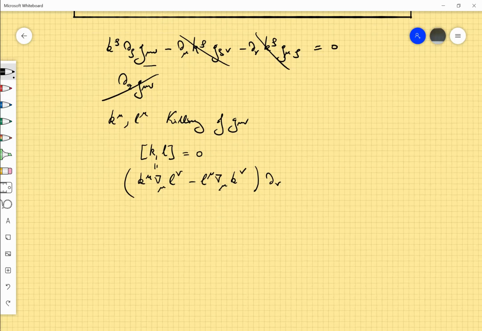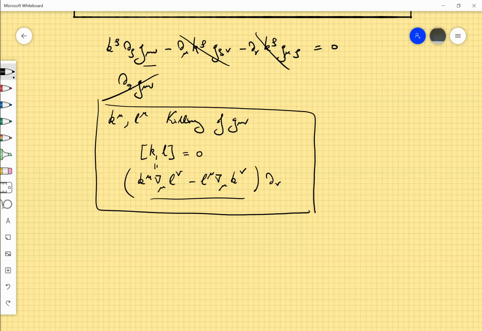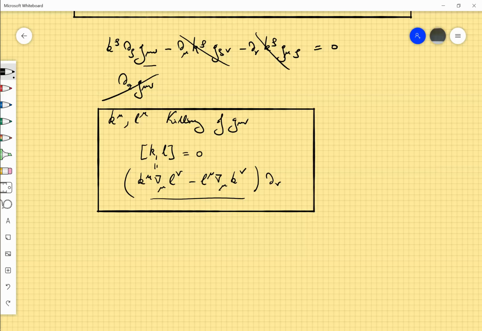This is important because if this was not a vector, this would be a coordinate dependent statement, and it may be true in some coordinates but not in other coordinates. So this is really a coordinate independent statement. This is the necessary and sufficient condition for having two coordinates adapted simultaneously to the Killing vectors k and l.